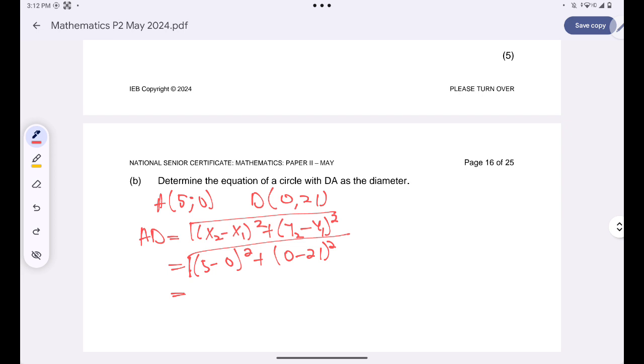let me just punch my calculator. The length of AD is the square root of 466.